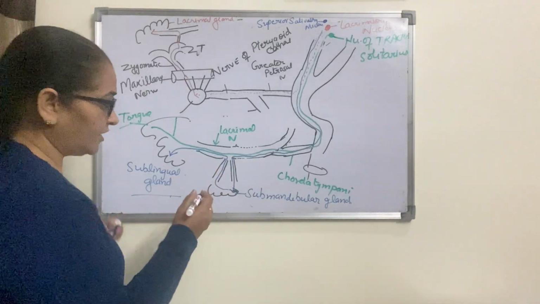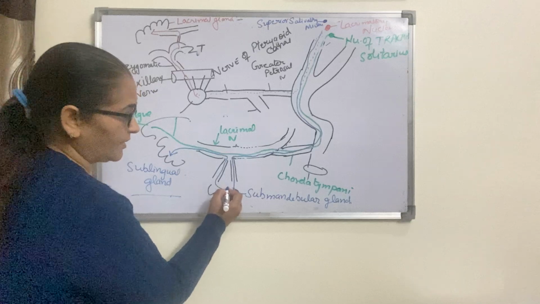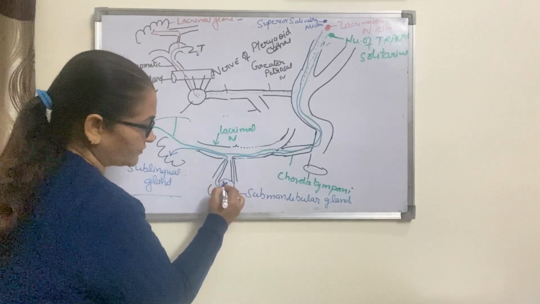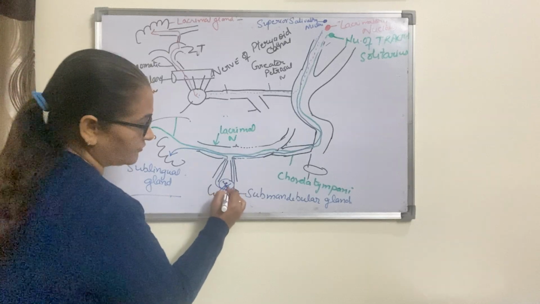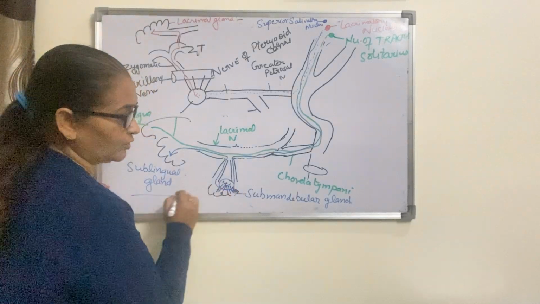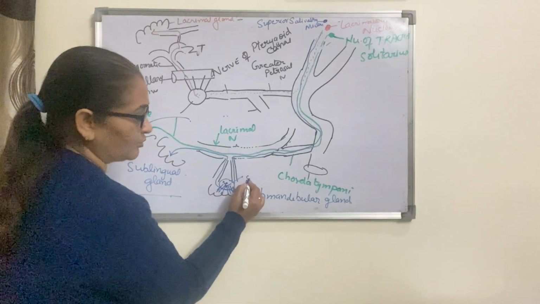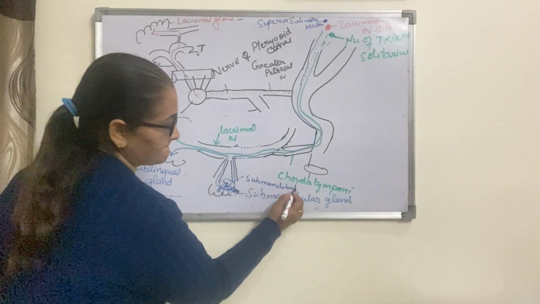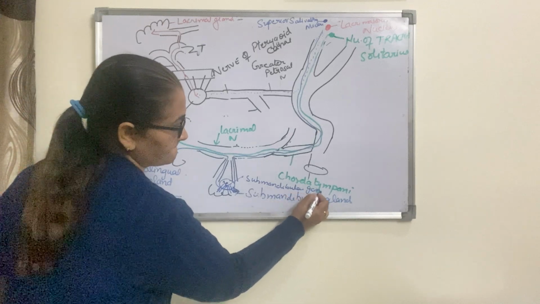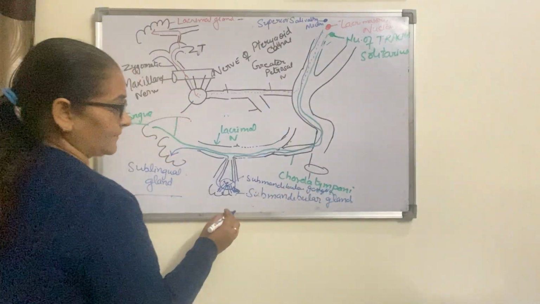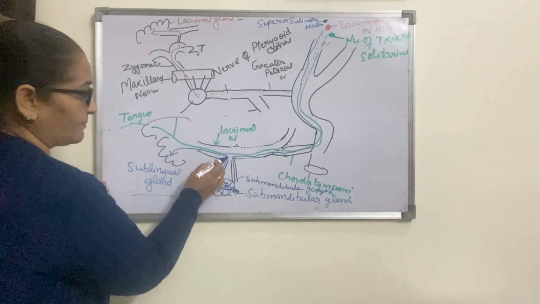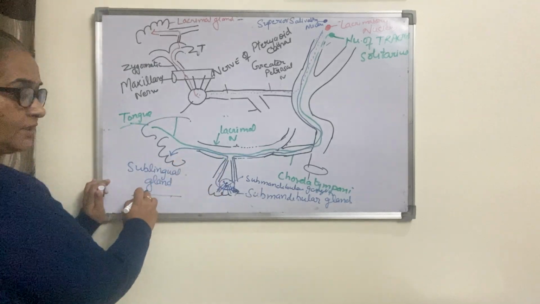And after the relay in this portion, that is submandibular ganglion, before that one ganglion is there. So after the relay from this ganglion, the fibers are supplied to this submandibular gland. So this is submandibular ganglion. Clear? So these post-ganglionic fibers re-enter the ganglionic branch and supply the sublingual gland.